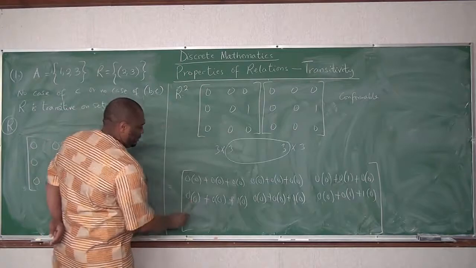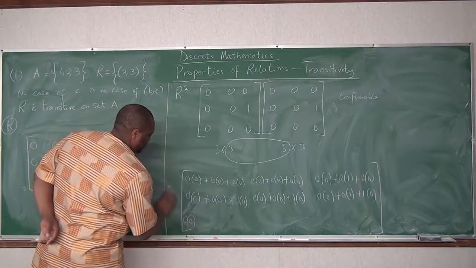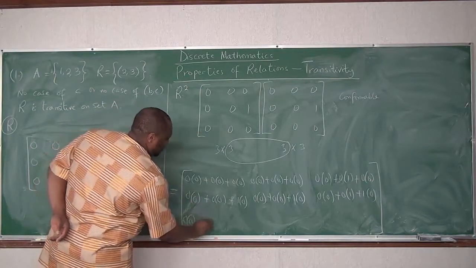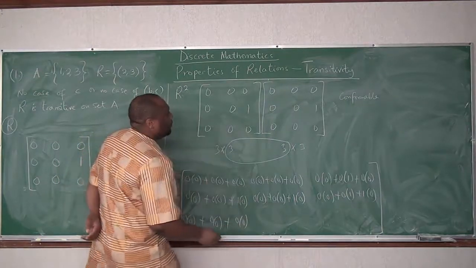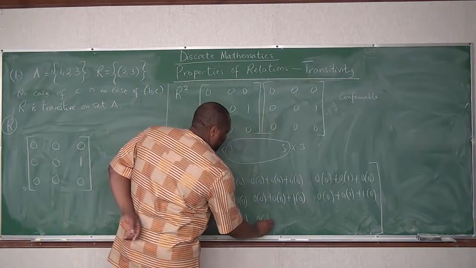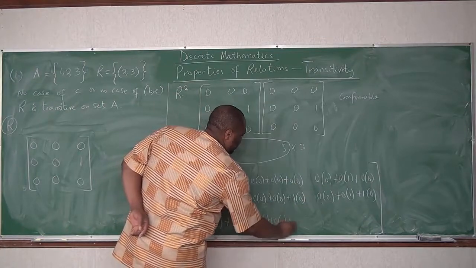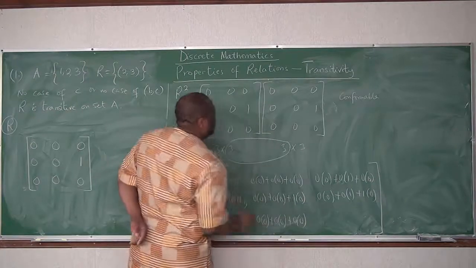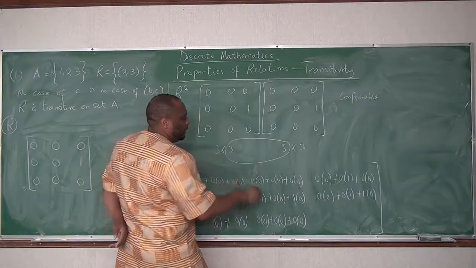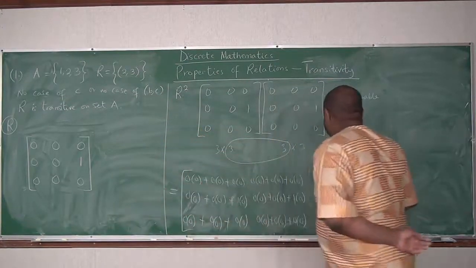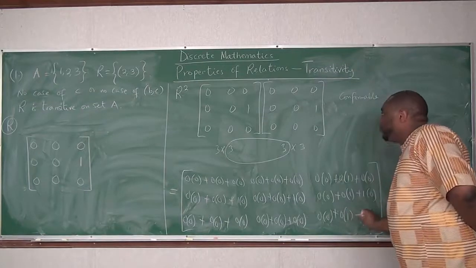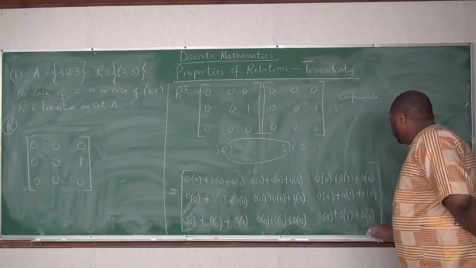The last one, this is 0 times 0 plus 0 times 0 plus 0 times 0, 0 times 0 plus 0 times 0 plus 0 times 0, then 0 times 0 plus 0 times 1 plus 0 times 0.